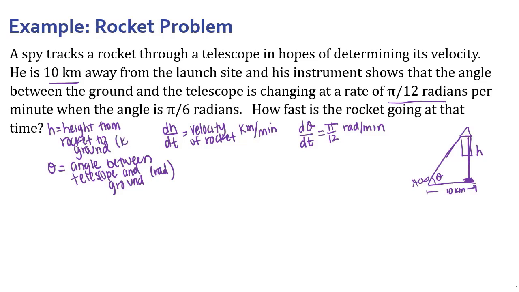And h is in terms of kilometers. Okay, so I've got my variables, I've got my rates. I know I'm trying to solve for dh/dt. That's what I'm trying to solve for.